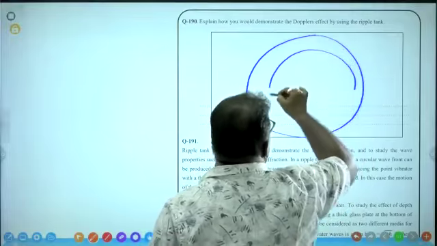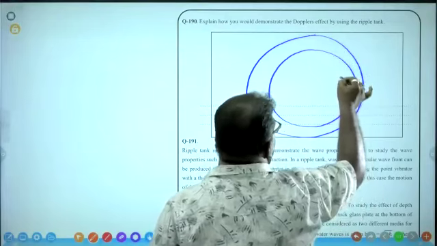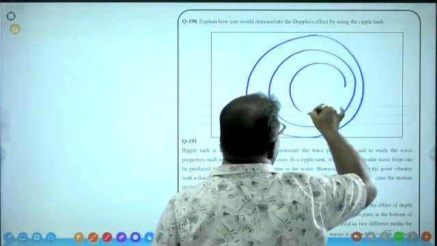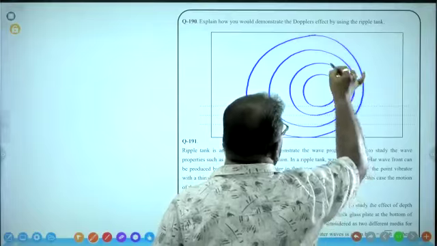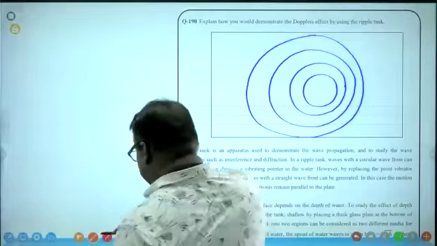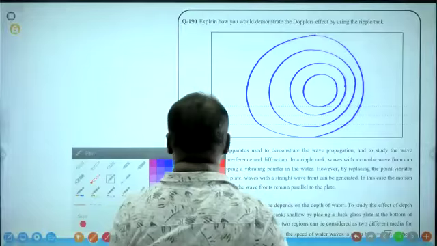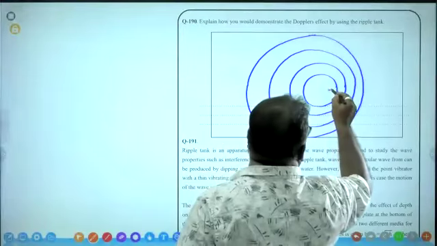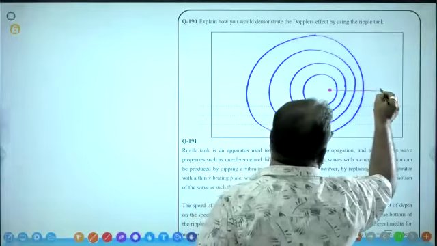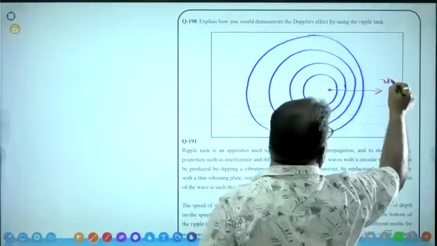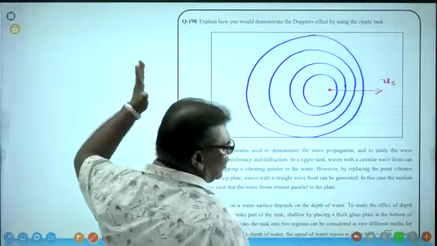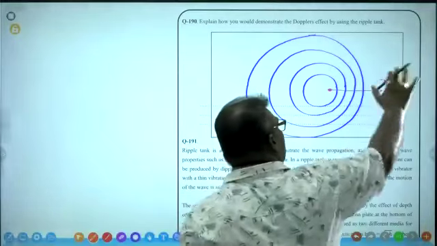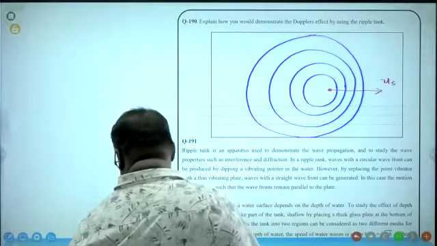But here, wave fronts will be closing right here, like this. This is the position of the source. Here we have source travels with a certain velocity towards right side. This is a wave location. Now can you explain?